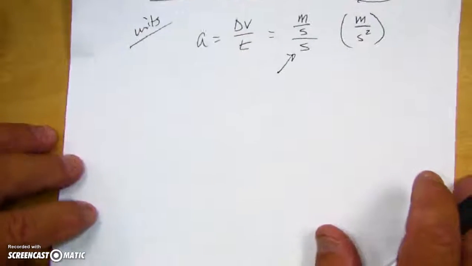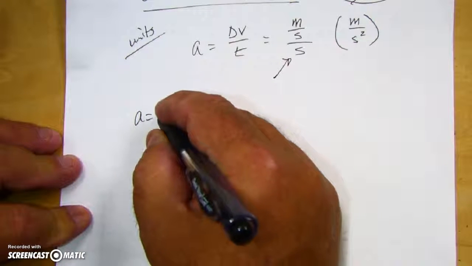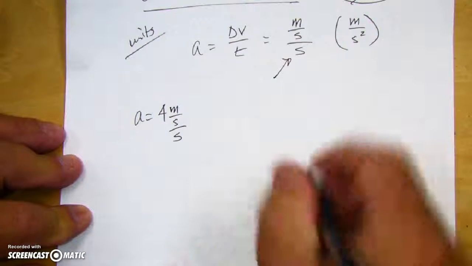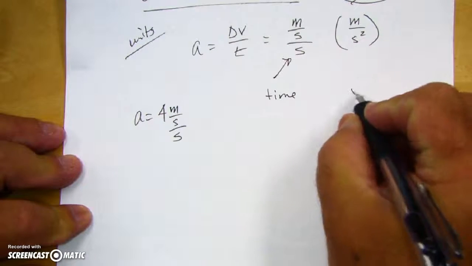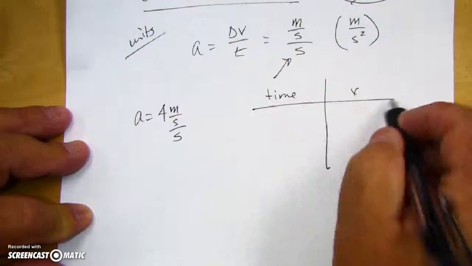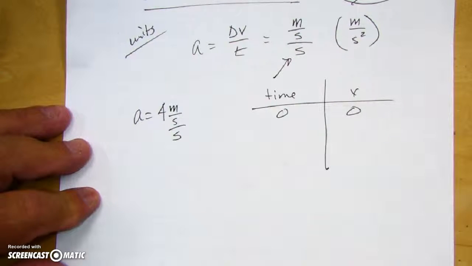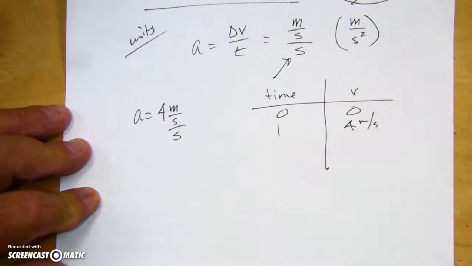So let's say a car has an acceleration equal to 4 meters per second each second. If I make a table of time versus speed, and we're going to say it started at rest, so 0, 0. After 1 second, it's now going 4 meters per second.